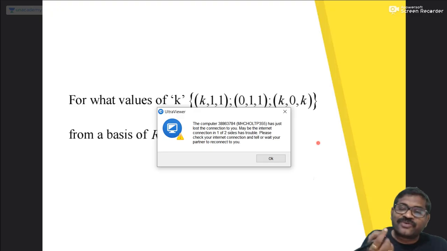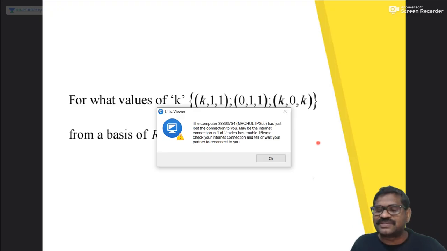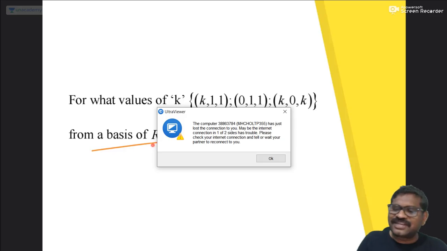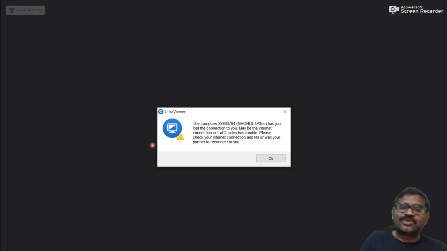Here, for which value of k does the set of vectors form a basis? The way of questioning is different. Okay, the concept is the same. Just calculate the determinant and not equal to 0. Not equal to 0 because they have mentioned basis, na? Not equal to 0. Calculate the determinant.